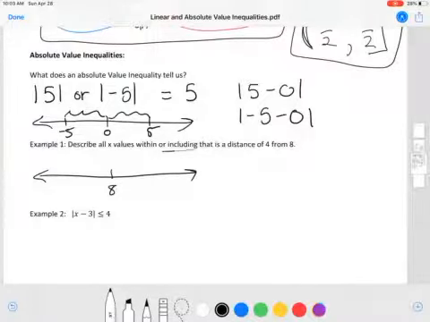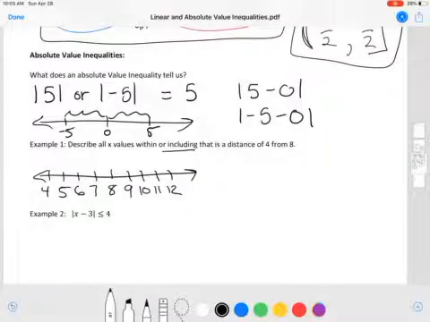And it says to also include the distance of 4, whatever that number is. So if I come out 4 this way, 4 from 8, that's 9, 10, 11, 12. And then if I come in the other direction, that's 7, 6, 5, and 4. And then, of course, all the numbers in between.